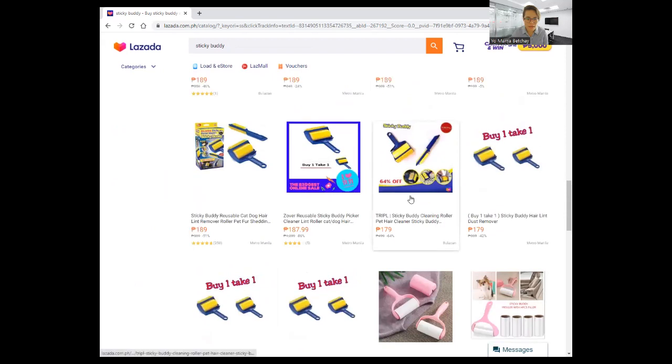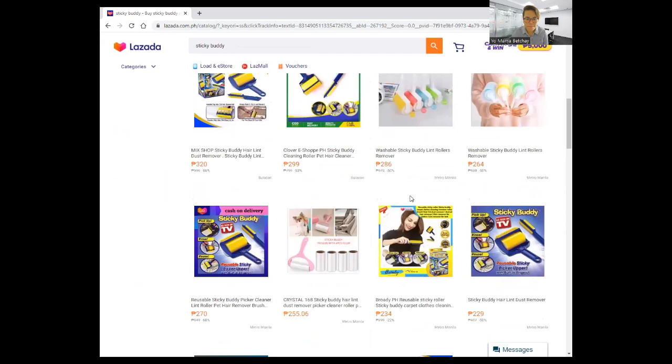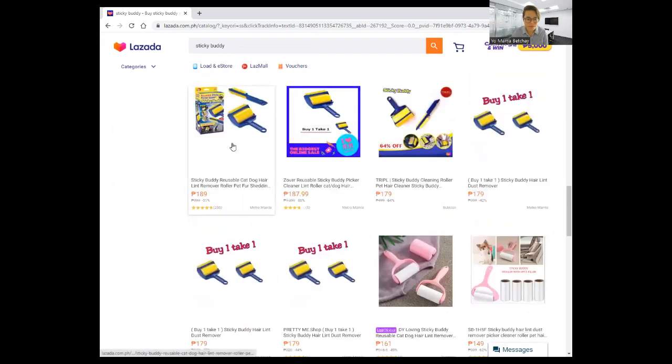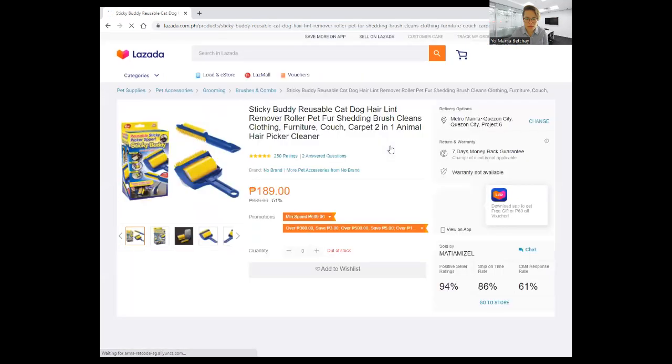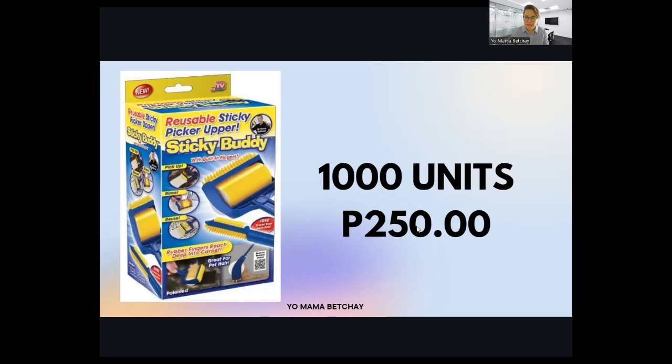And ang pinakamadaming benta, let's see here, is from this store at 189. And out of stock na nga siya if you notice itong sticky body na to. So that's the market status of this item.